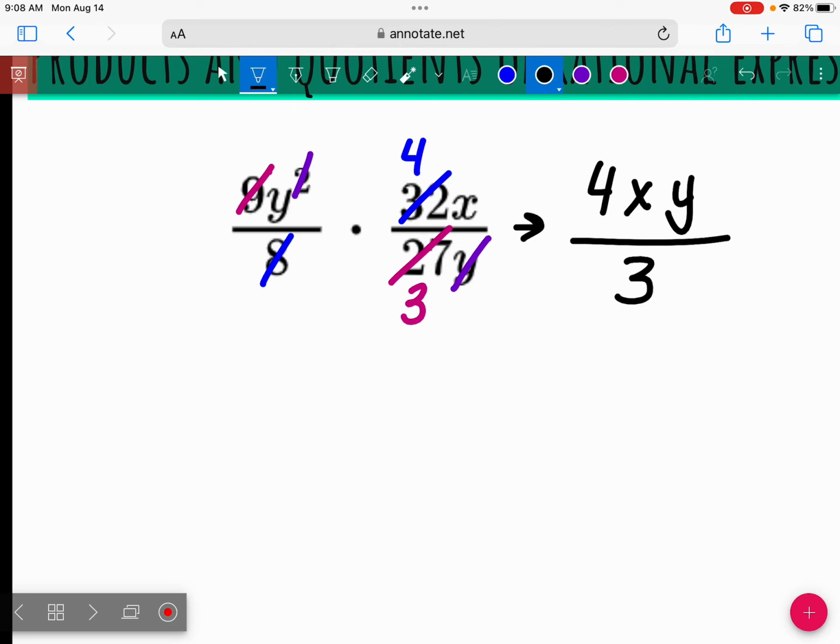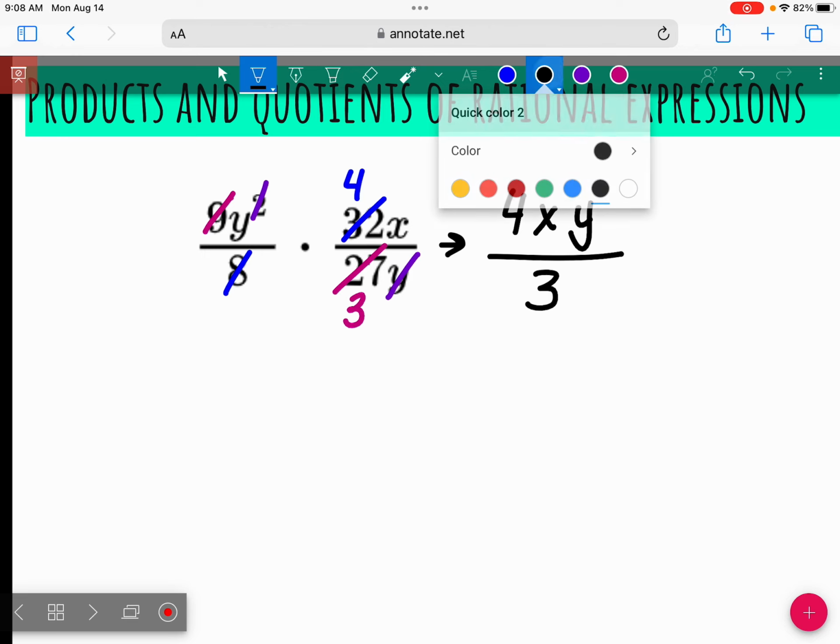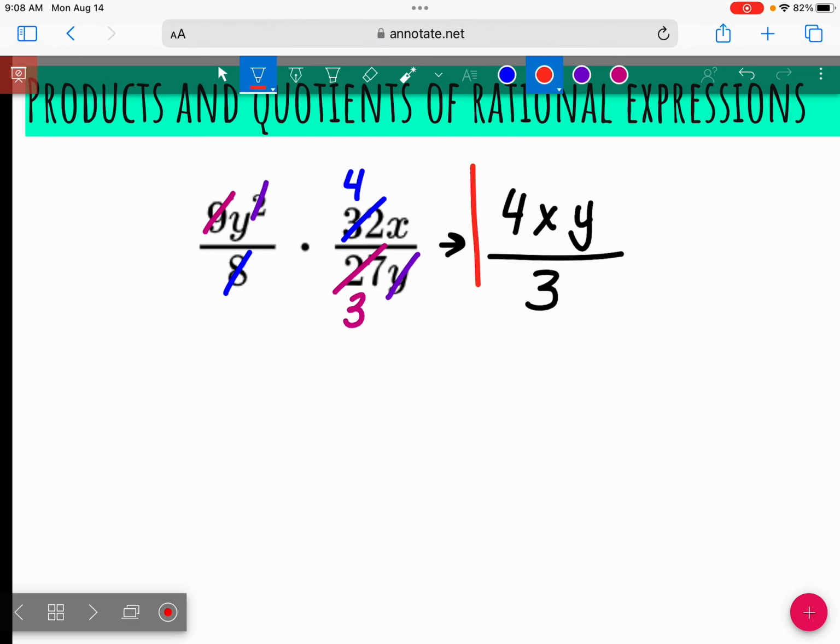If your paper starts to get too crossy-outy, simplify it so you can look again. Do I have anything else I can simplify? No. This is our simplified answer here.